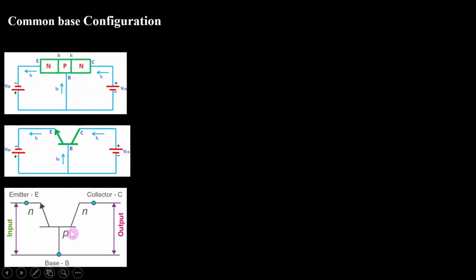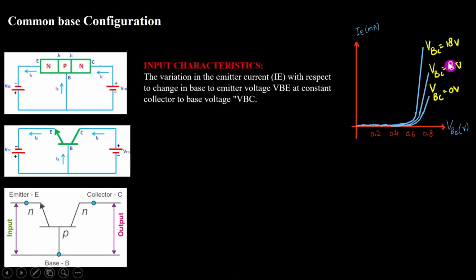If we perform the experiment on the transistor, the experimental graph for the common base configuration will look like this. This is the input characteristics for the common base configuration. This is the experimental graph for that.